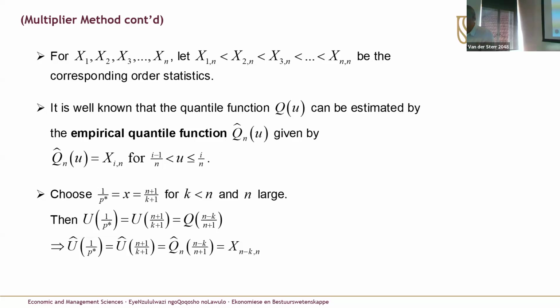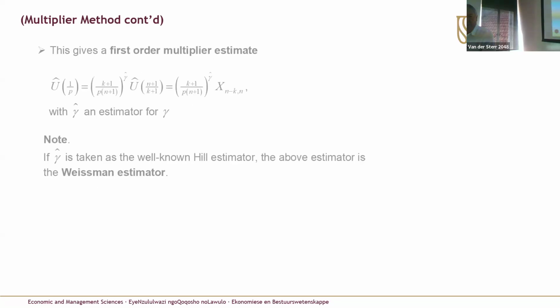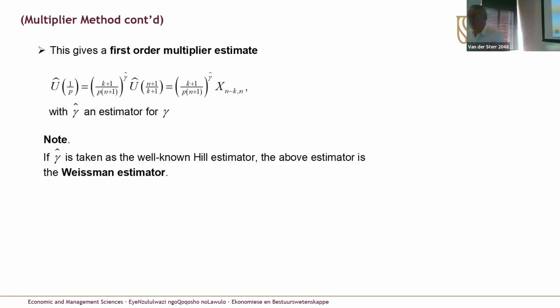Of course, we have to choose K. But if we have a K, then we have an estimator that we can use in our multiplier. So to first order, we estimate U 1 over P, which is what we need, by (K plus 1 over P n plus 1) to the power gamma, which we estimate by gamma hat, and that we also estimate by an order statistic.